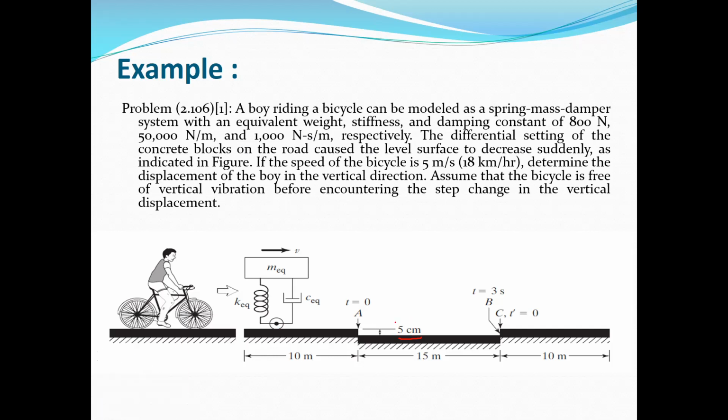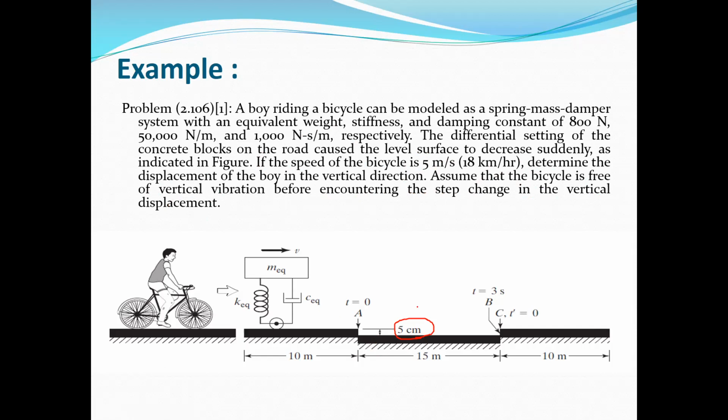Here you can see this is the 5 centimeter decrement in the level of the surface. If the speed of the bicycle is 5 meters per second, determine the displacement of the boy in the vertical direction. Assume that the bicycle is free of vertical vibration before encountering the step change in the vertical displacement.